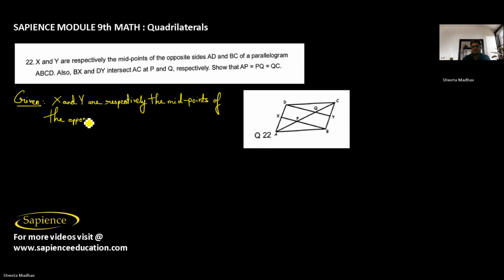So here we shall solve from question number 22 onwards. It is given that X and Y are respectively the midpoints of the opposite sides AD and BC of a parallelogram ABCD.